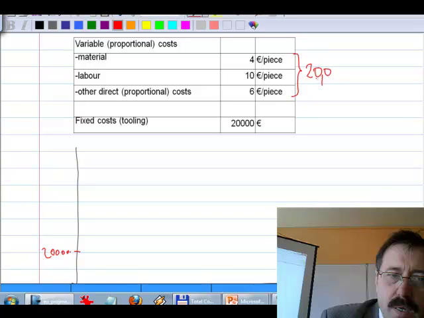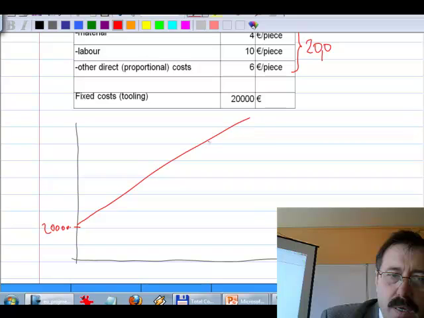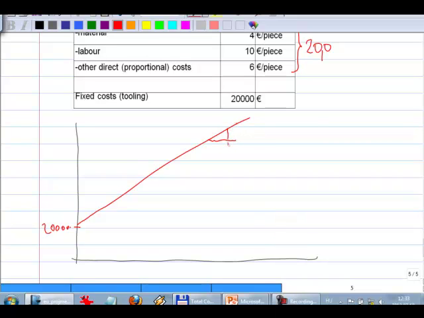Yes. So when we draw the cost diagram, this would be our cost line. Is it true? Yes. And the slope of that is, when we produce more by 1, our cost is 20.